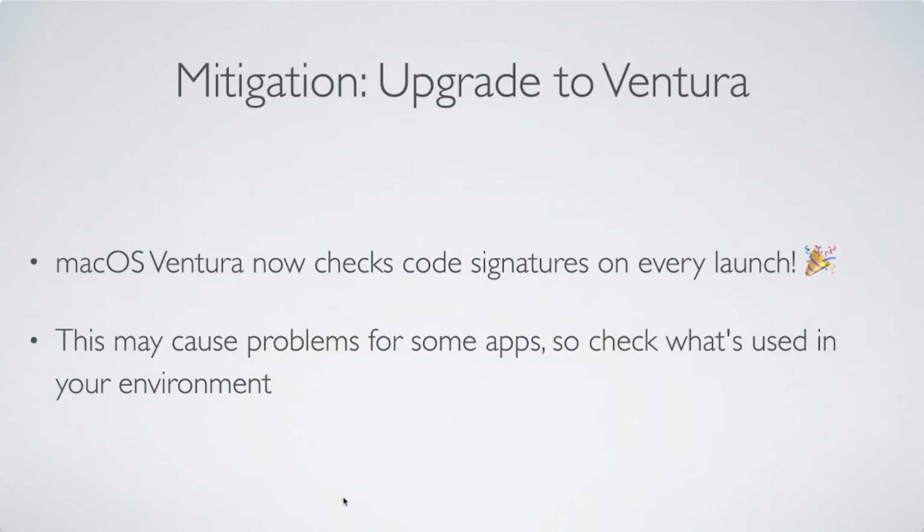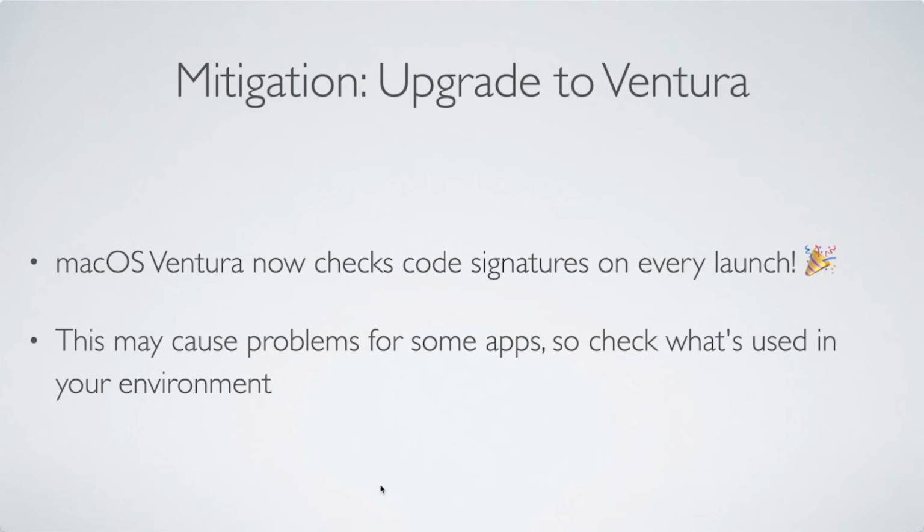So if you're not familiar with this, and the demo that we did with Adware Medic kind of alludes to this, when you run an app on any currently shipping version of macOS, it will check the code signature immediately. If the code signature is invalid, you're not allowed to run that app. It doesn't even give you the option. It simply tells you to move it to the trash.